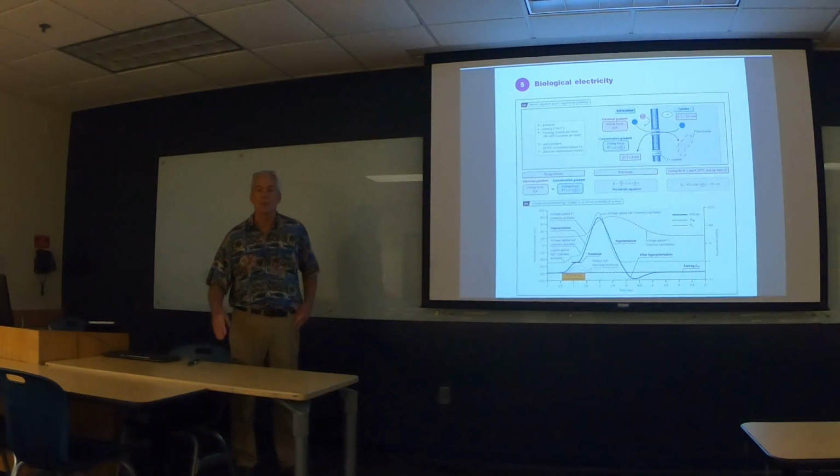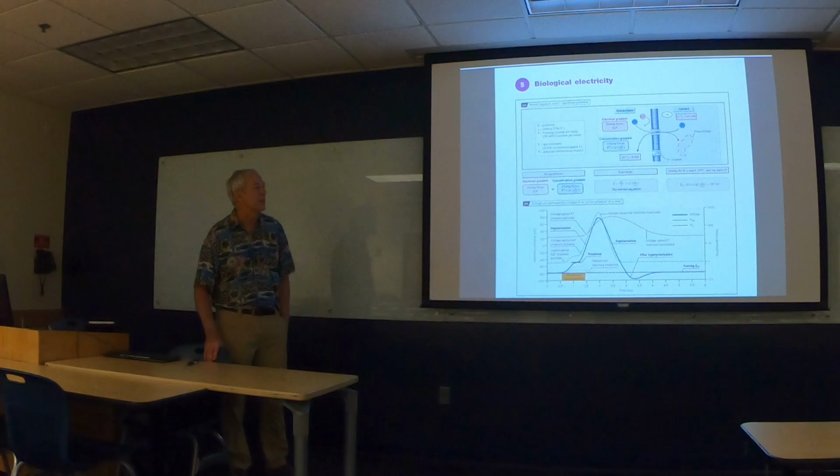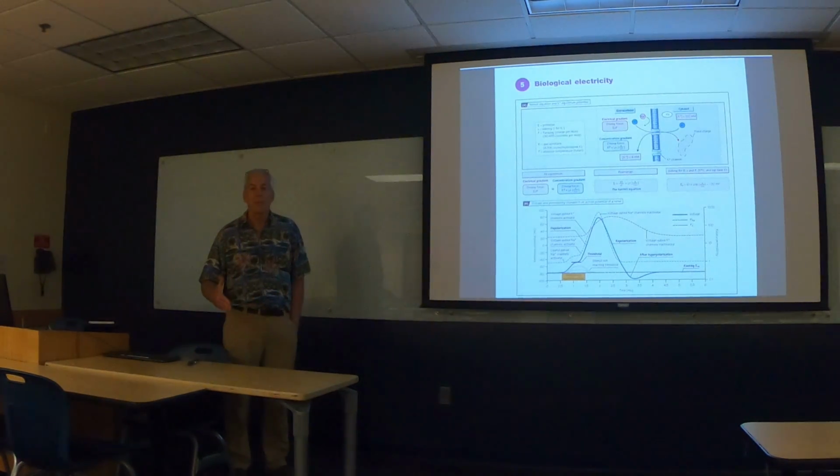So that keeps the sodium concentration high in the extracellular fluid, the potassium concentration high in the intracellular fluid. So assuming that the gate for the ion that you're looking for is totally open, the concentration gradient causes the ion to move in one direction.